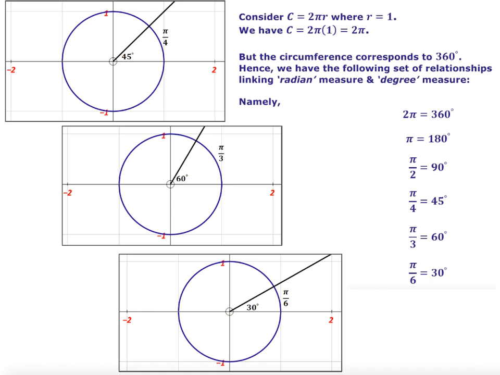So here you see three so-called unit circles. Unit comes from the fact that the radius in each case is 1. And of course, where the radius is 1 and the circumference of a circle is 2 pi r, the circumference being the actual distance around the circle, we end up getting that the circumference is 2 pi. Now the context for 2 pi is kind of interesting.